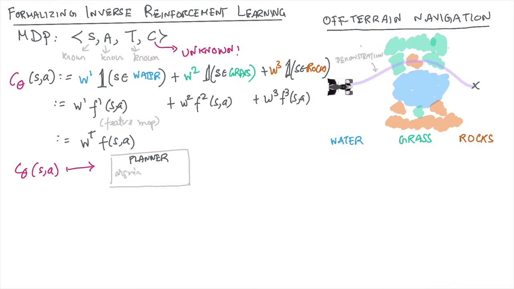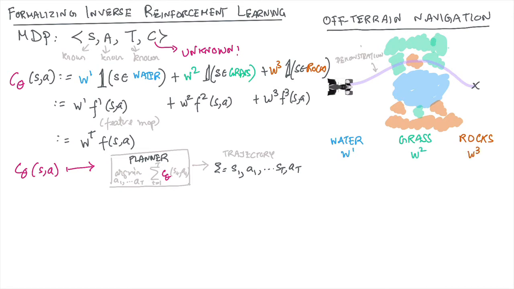So it performs an argmin operator over a sequence of actions that minimizes the total cost. Again, assume that the dynamics here are known and maybe deterministic. Once you do that, you trace out a trajectory of state, action, next state, and so on. And that's pretty much the model.